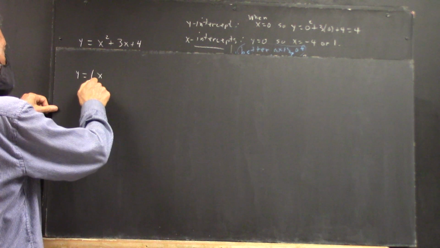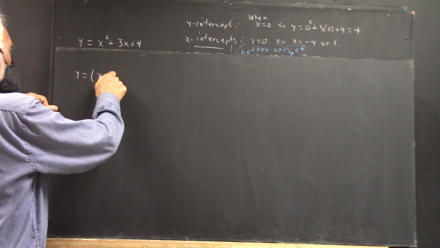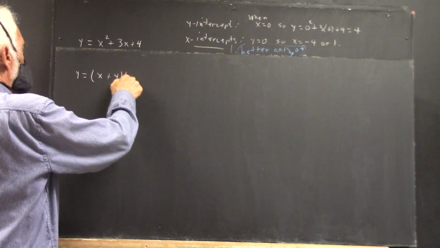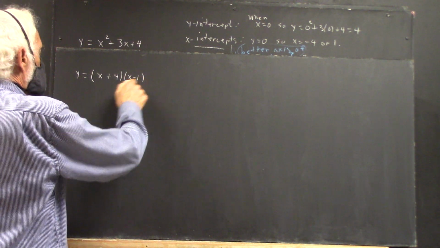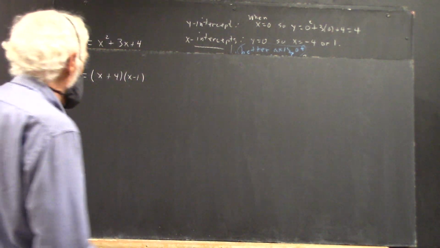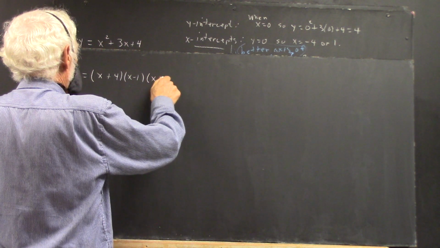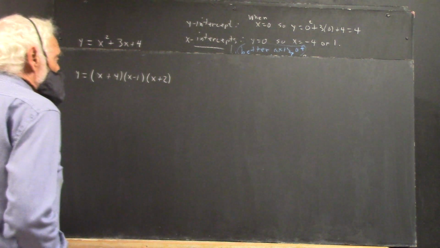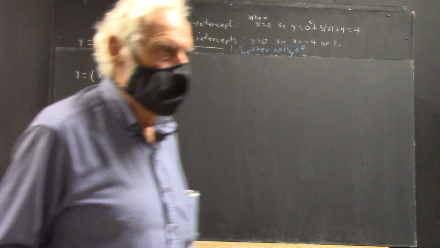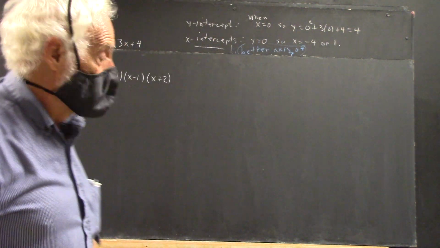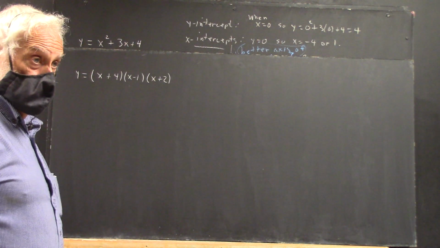Let's just say it was y equals x plus 4 times x minus 1 so far. And then we multiply this by x plus 2. Now what's that do? Well, this graph isn't going to be a parabola anymore.